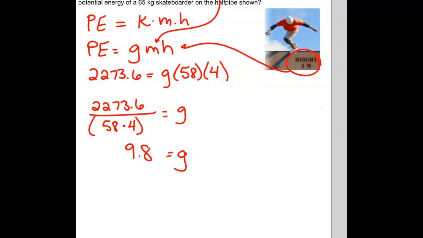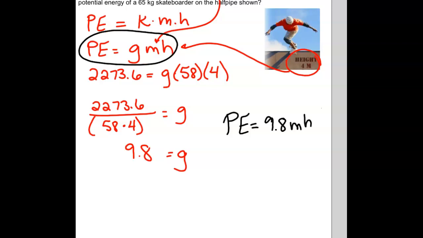So our formula that fits all of this information, potential energy equals g times m times h, but now we know g is 9.8. So 9.8 times m times h, mass and height. Then it says, what is the gravitational potential energy of a 65 kilogram skateboarder on the same half pipe shown?